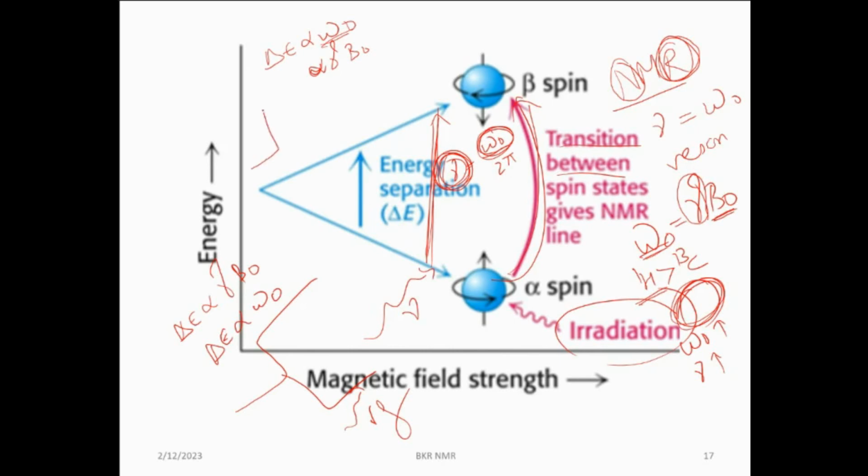That is why proton has high splitting, carbon has less splitting, and nitrogen has still lesser splitting. This is a very important thing. Have you understood, guys, all of you? So this is for hydrogen, carbon, nitrogen. Yes, ma'am. Very good.